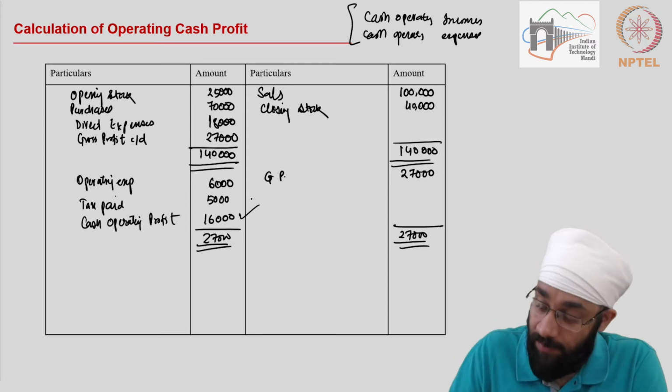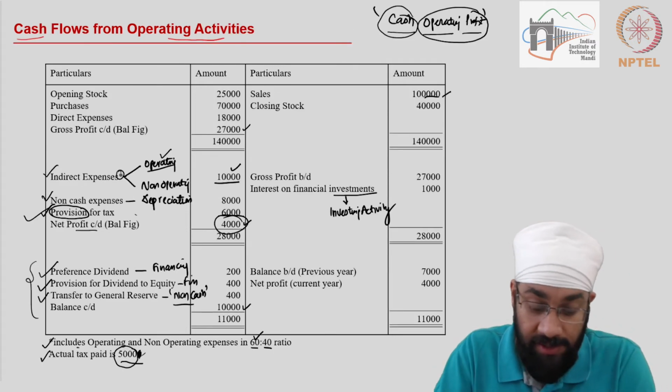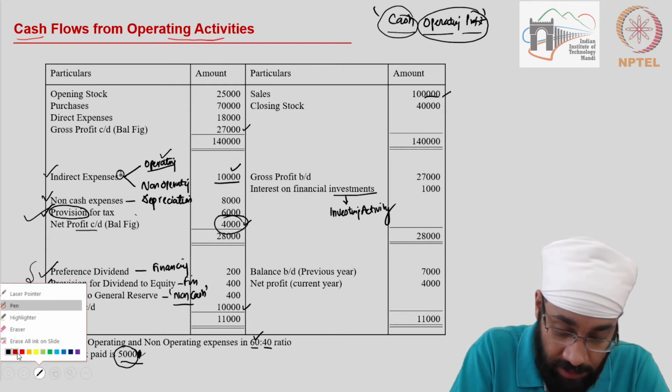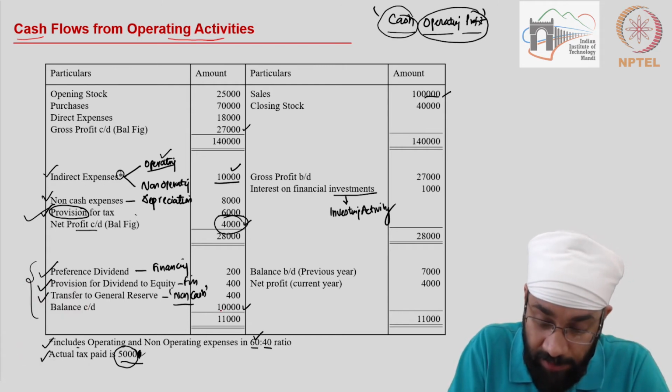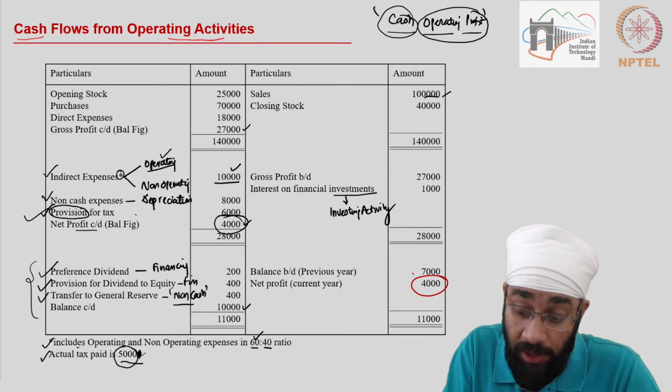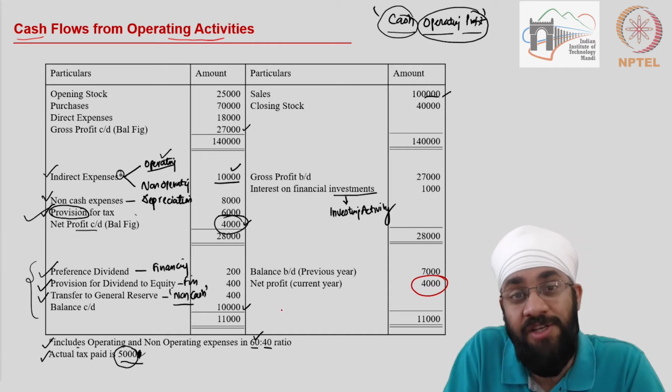The way to prepare the statement is as follows. You start with a bottoms up approach, that is by taking the net profit during the year, whatever is the profit that you make during the year, and then you make adjustments to it.